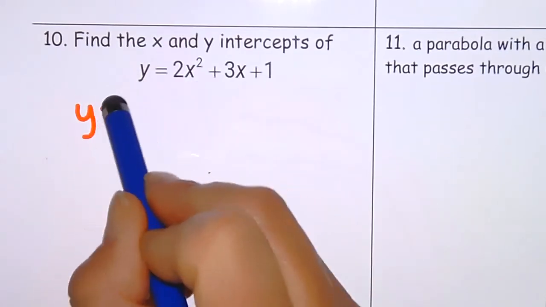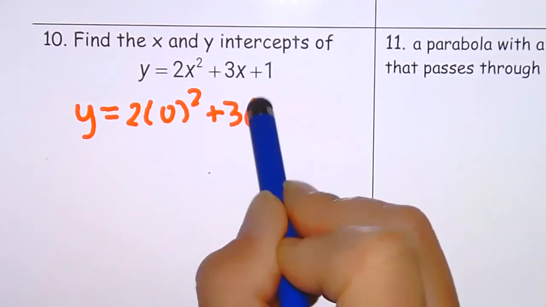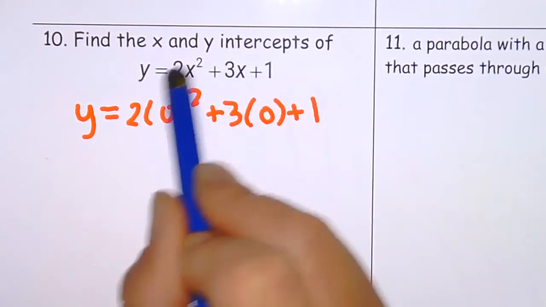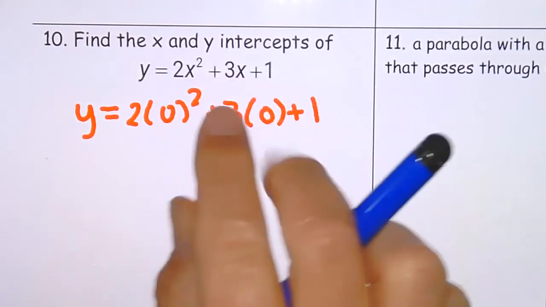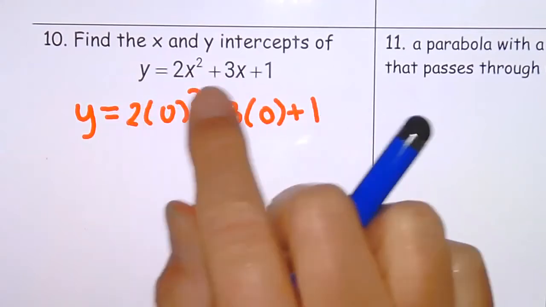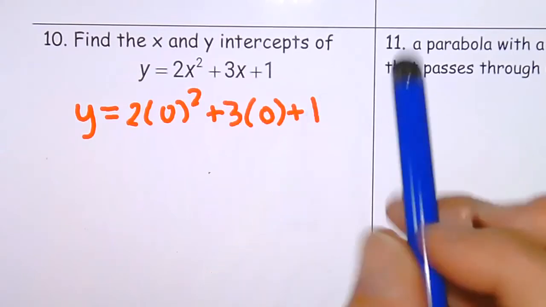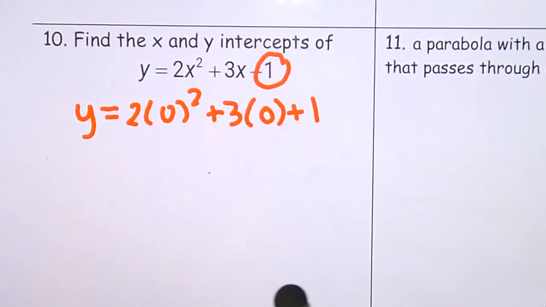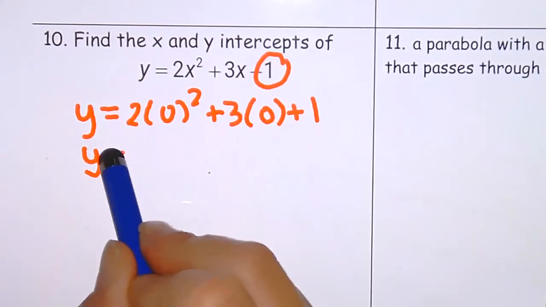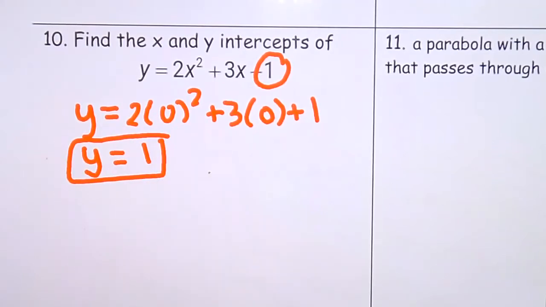So if I put 0 in for x, what's always going to happen when it's in the standard form for this type of parabola is that any term with an x is going to disappear, because when you put 0 in, it's going to become 0. I'm going to be left with 1. So this 1 is going to be my y-intercept. Okay, but you can also get that just by putting in 0 for x.